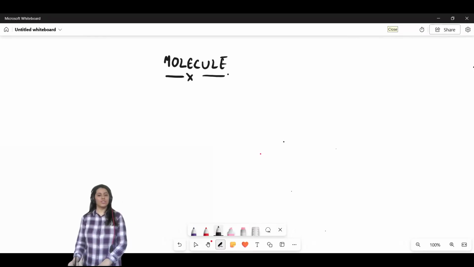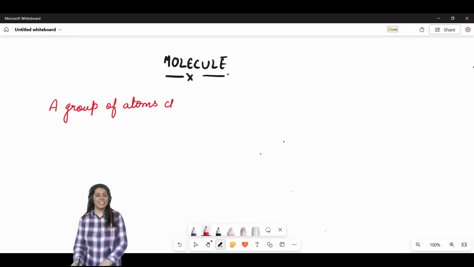A molecule is a group of atoms that's chemically bonded together.